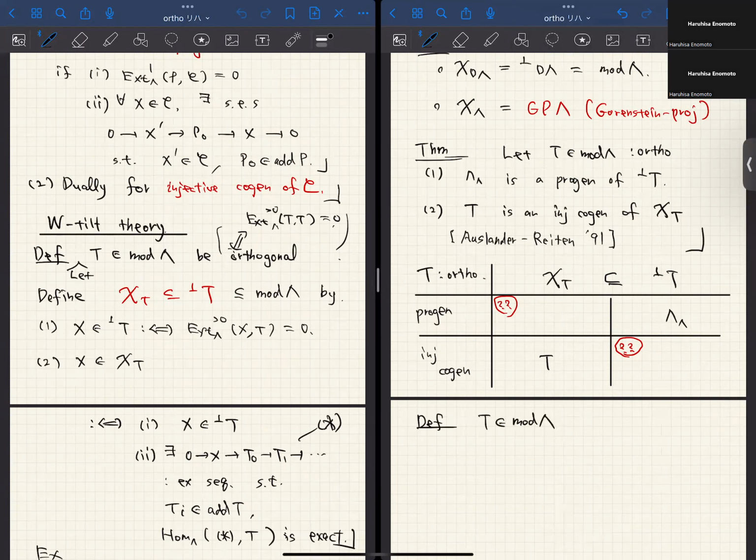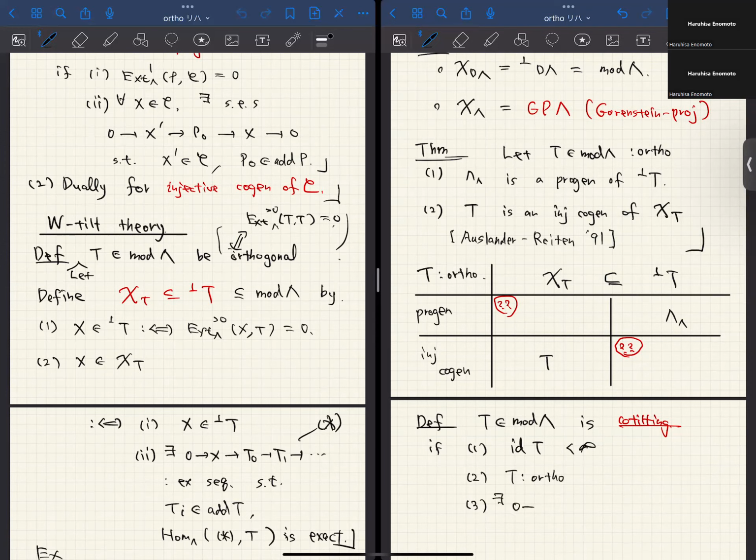A lambda module T is a cotilting module with finite injective dimension, not only just one, if T has finite injective dimension and T is an orthogonal module. And the third condition is a kind of generating condition.